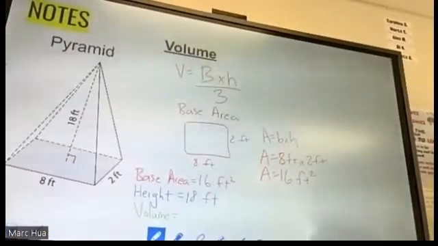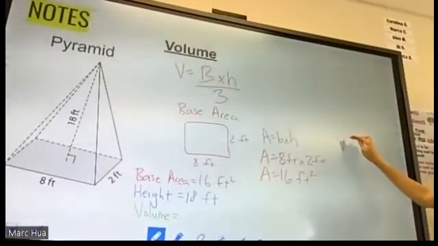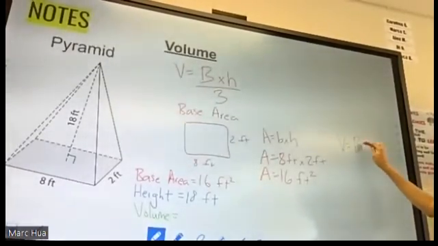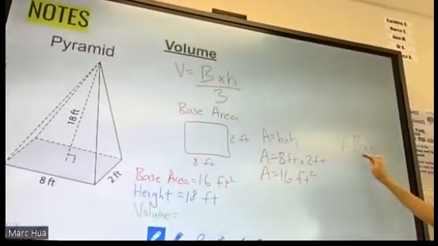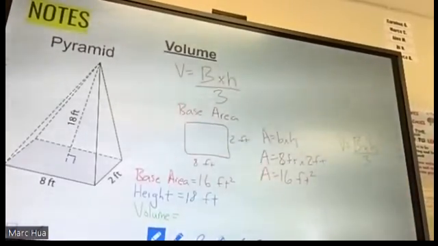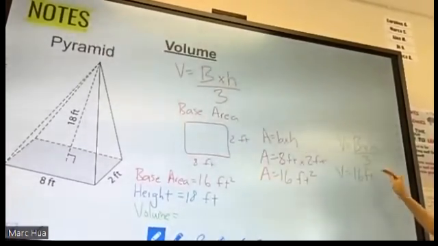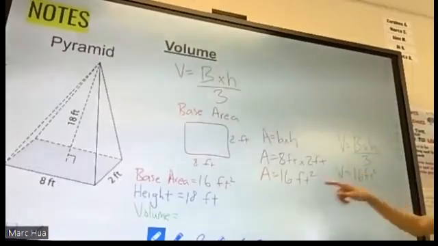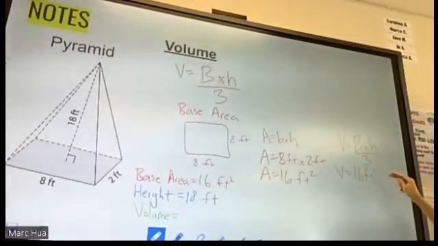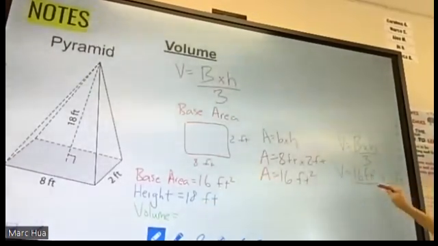So we know that the volume formula is base area times the height divided by 3. And our base area is 16 feet squared times our height, which is 18 feet. And then we divide it by 3.